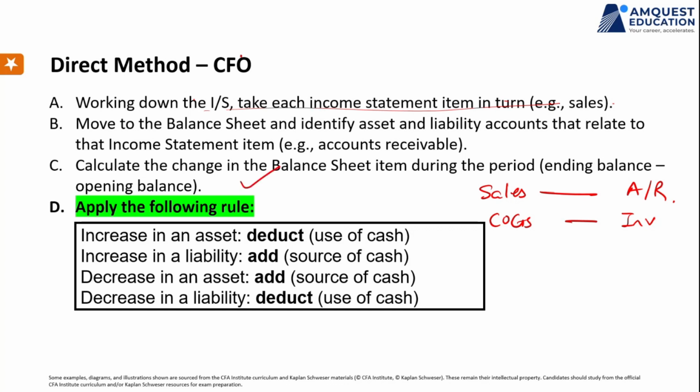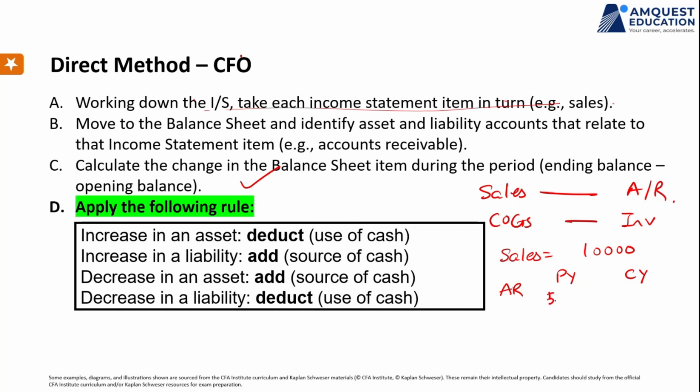Calculate the change in balance sheet item during the period, which is ending minus opening. And then you will be able to create the equation for direct method. For example, sales $10,000. Let's say the prior year account receivable and the current year account receivable.